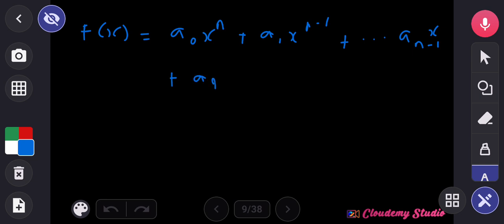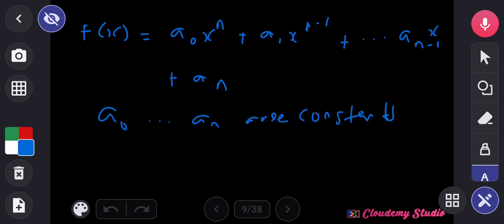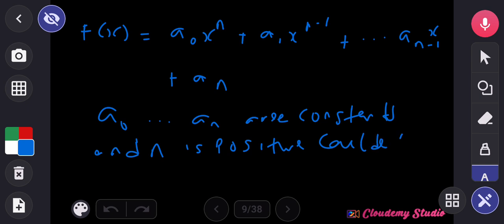Where a naught till a n are constants and n is a positive integer called the power. So that is what we have for the polynomial function.